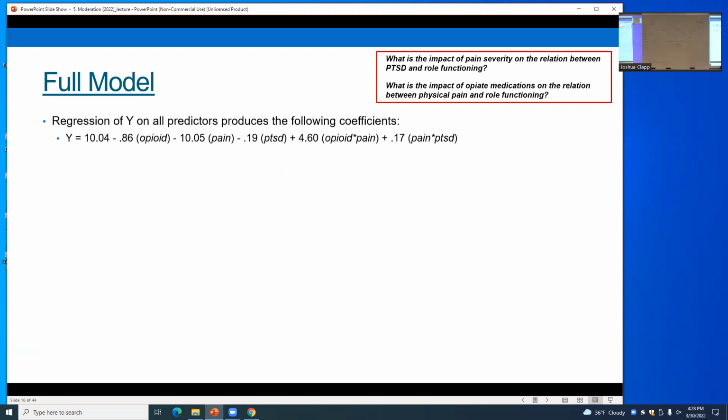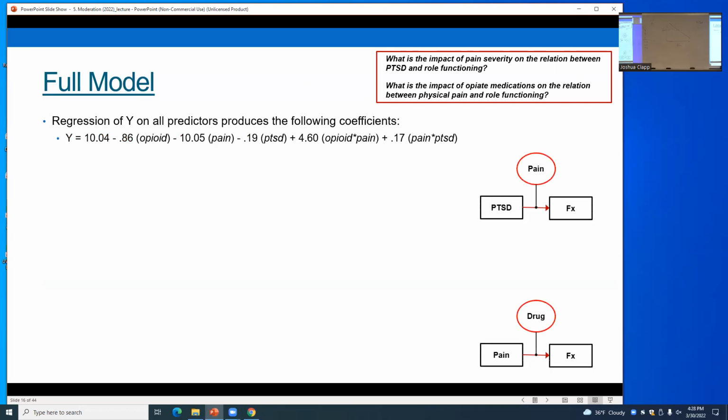So if we take a look at our model with opiate use, pain, PTSD, and our two interaction terms, we're looking at PTSD and functioning, thinking conceptually about pain as our moderator, and pain and functioning, with opiate use as the moderator. This is a more complicated equation to restructure because we've got multiple terms. First thing I want to do is move down everything that doesn't include a first order effect, or excuse me, a conditional effect.